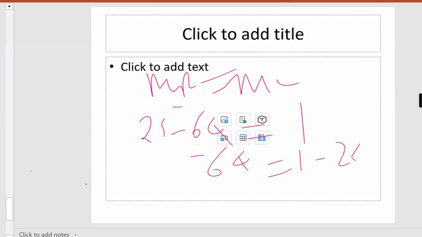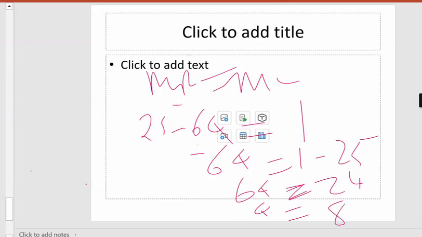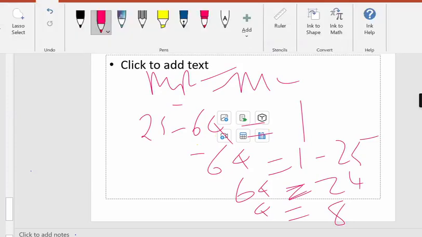So 6Q ni sawa sawa na ngapi? 24. Q is equal to what? Sorry, is equal to 4. So what is 4? 4 is the level of output that maximizes what? Profit.